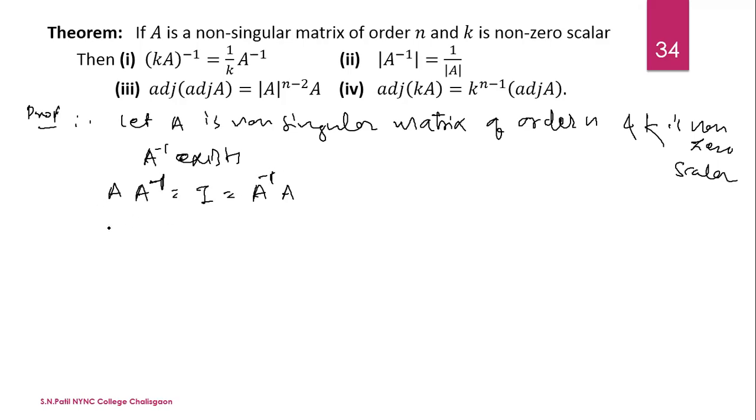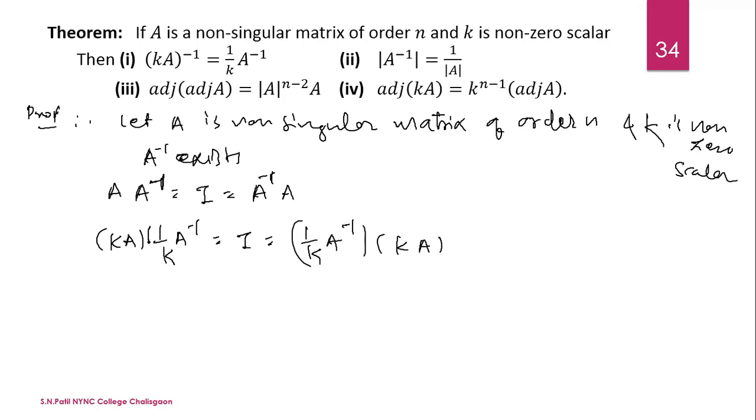Now we adjust K here, that is K into A, K is a scalar number, and here 1 upon K into A inverse. Here K cancels, that is I. Similarly here we can write 1 upon K into A inverse and K into A.